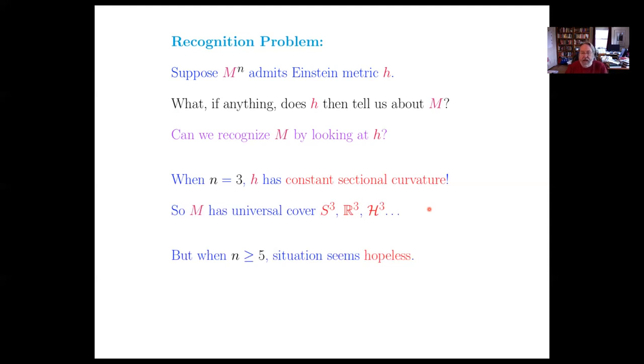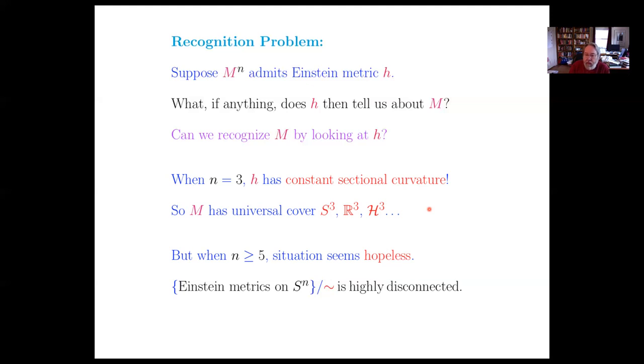On the other hand, in high dimensions, if the dimension is at least 5, it looks like the situation is pretty hopeless. For example, it is known that on the N-sphere for N at least 5, there are many, many non-standard Einstein metrics. I think in dimension 5, there are thousands of connected components.